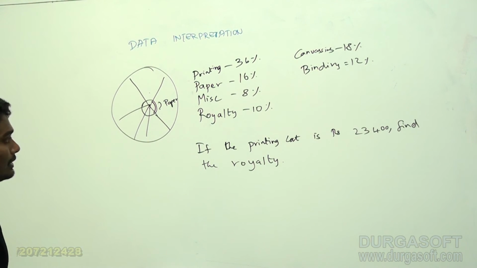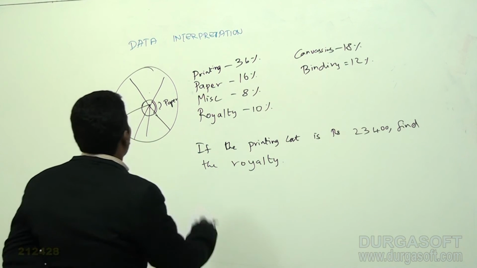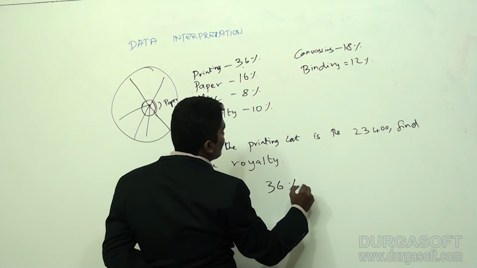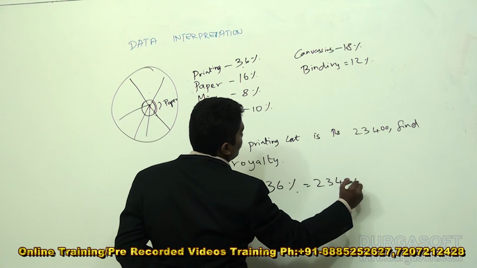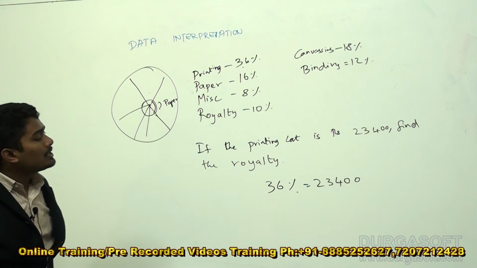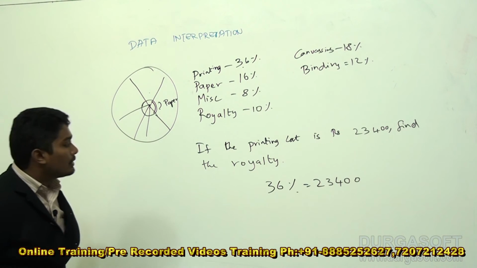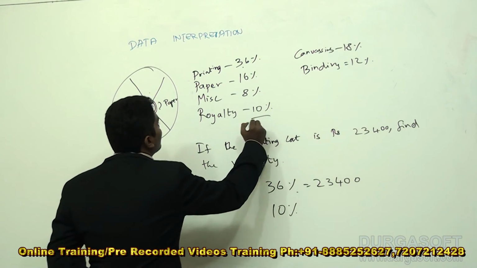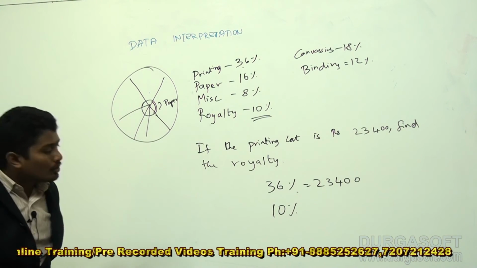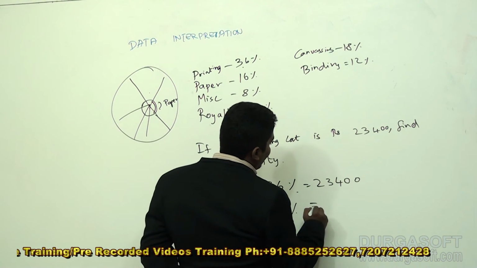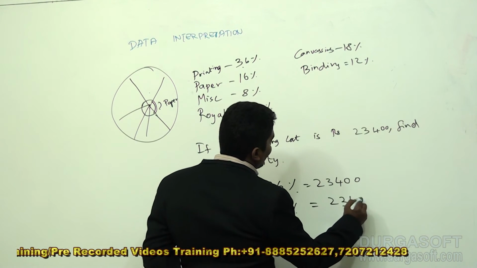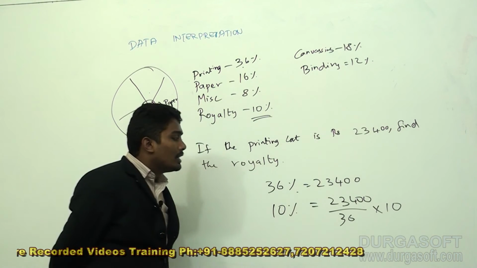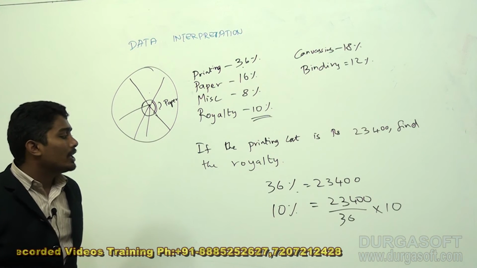So now I know the printing cost is 36%. So they say that 36% is the same as 23,400. Now I need to find the value of royalty. Royalty is nothing but 10%. So I need to find the value of 10%. 10% will be equal to 23,400 divided by 36 into 10.